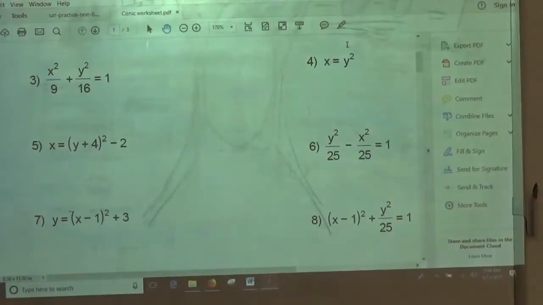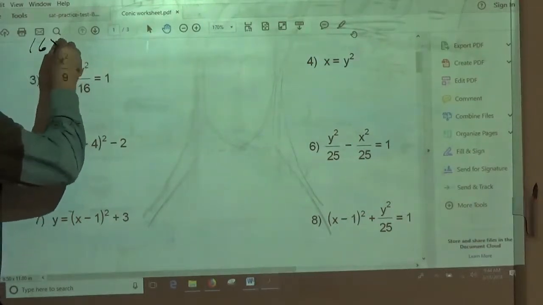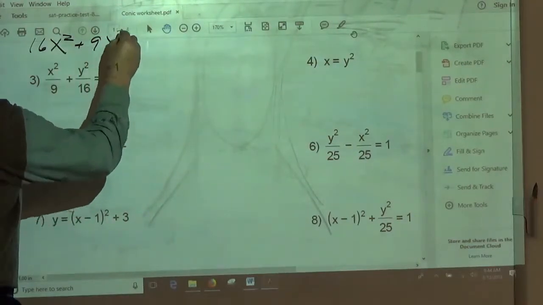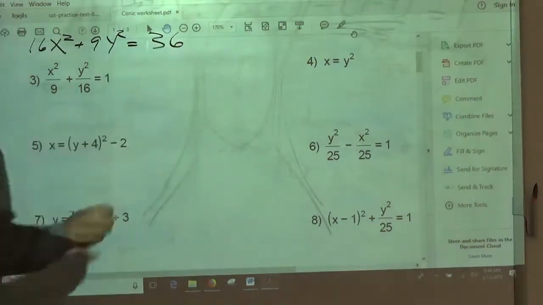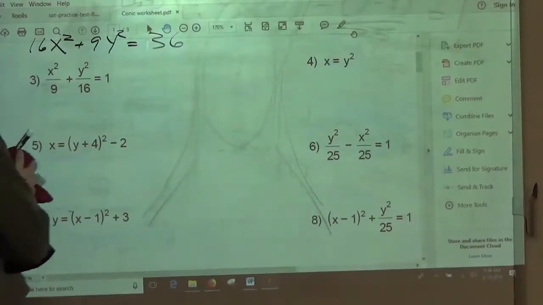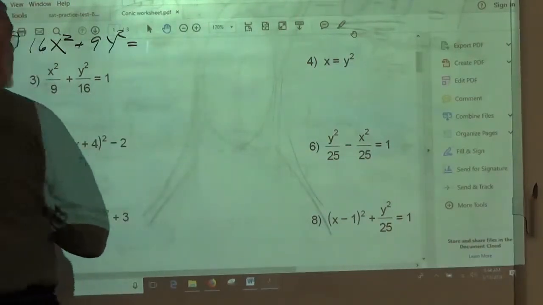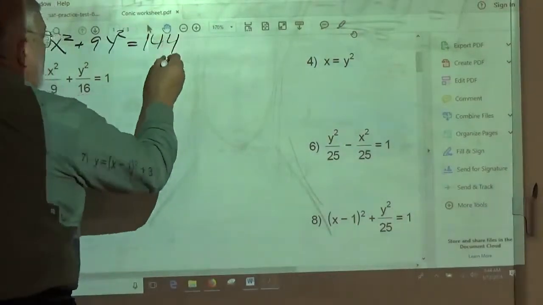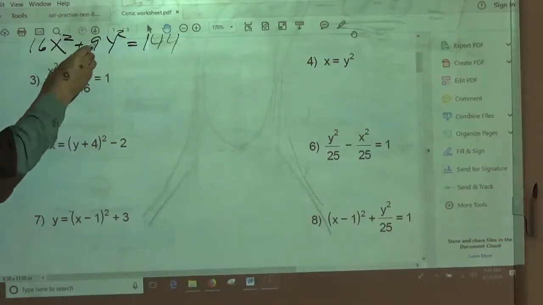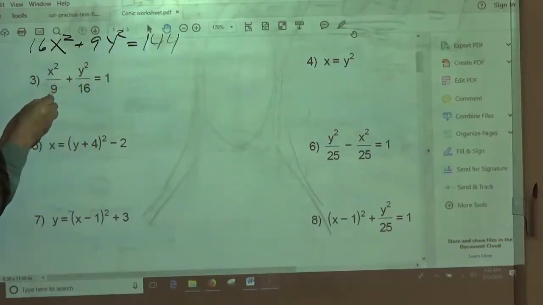Both are squared, but the coefficients are different. Now, originally what this looked like was 16x squared plus 9y squared equals 144. That's what it used to look like. When it was divided by 144, the 9 that was here was the leftover factor, and so it ended up down here.